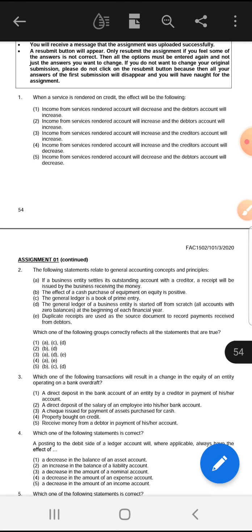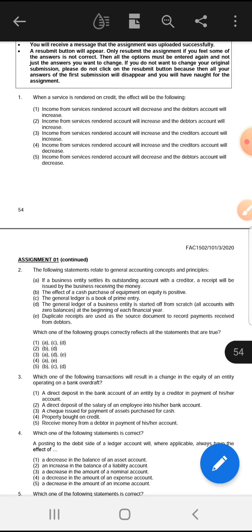So guys, remember, the 2 accounts affected here are service and debtors, because we offer the service on credit, so there's a debtor here and there's a service here.